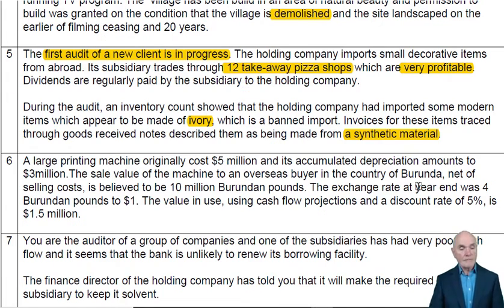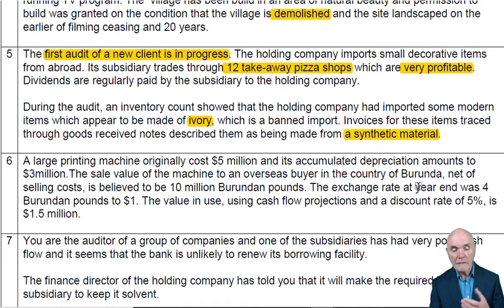Next. A large printing machine, originally costing 5 million, and its accumulated depreciation amounts to 3 million, so it has a carrying value of 2 million. The sale value of the company to an overseas buyer, net of selling costs, is believed to be 10 million Burundian pounds, and the exchange rate was 4 Burundian pounds to the dollar.